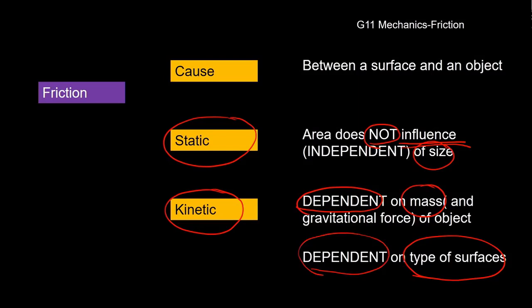If you've got a smooth surface, then those surfaces would have less friction between them, but they still will have friction. So the type of surfaces will give us a frictional force of some size. So the size of the frictional force is dependent on the types of surfaces that are rubbing together.